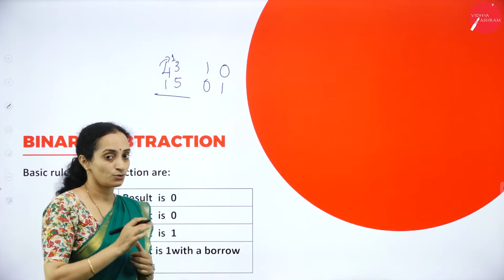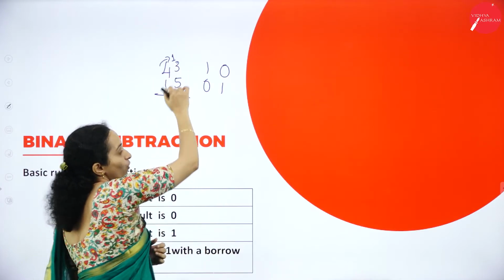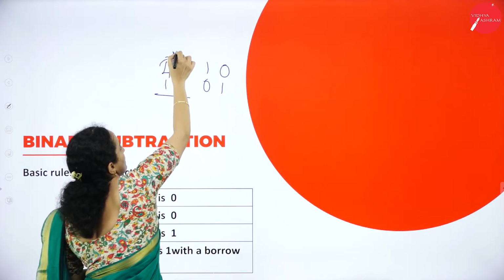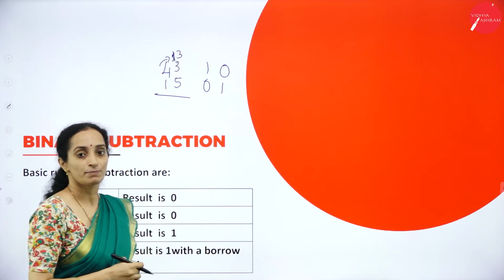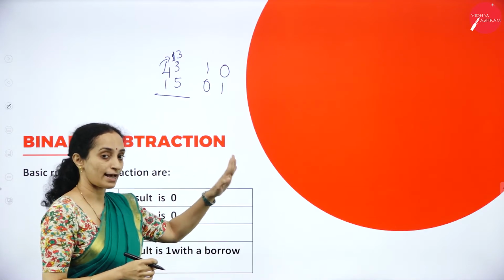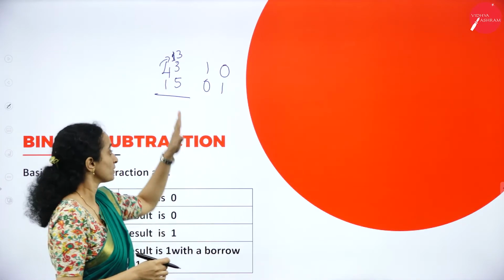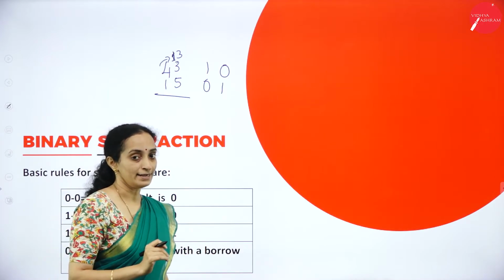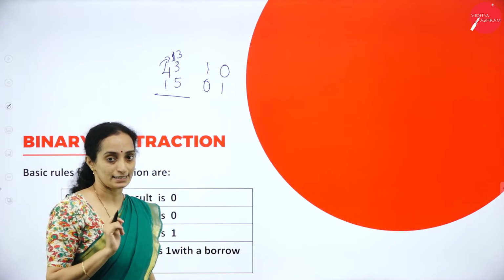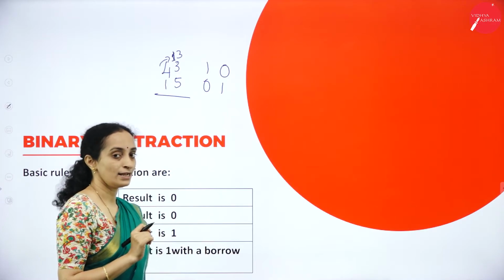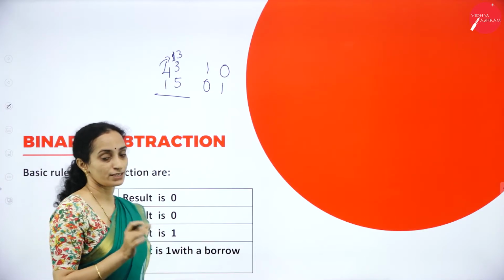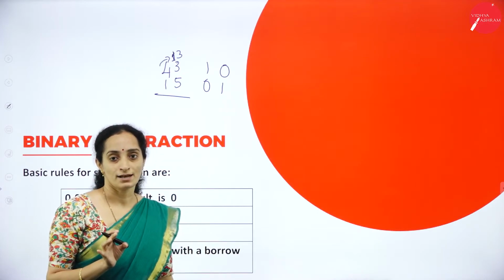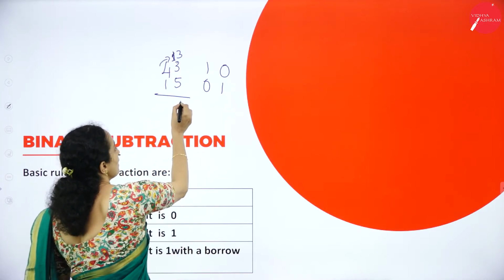Is it not? So what happens when you carry a borrow? It will not become 4. Instead, it will become 13. Instead of 3, it will become 13 because we have got a borrow of 1 here. Okay. 13 minus 5. Now we can subtract 5 from 13. 13 minus 5 results in 8.